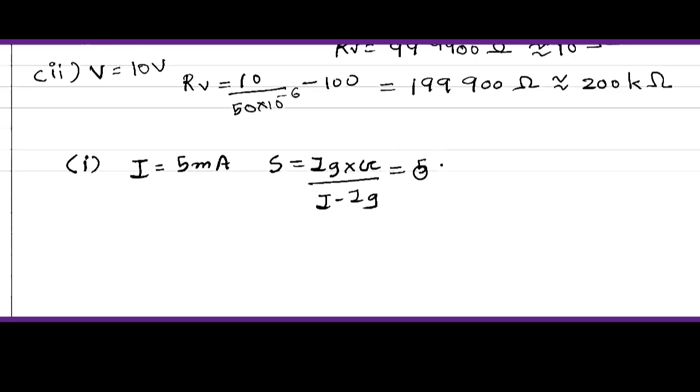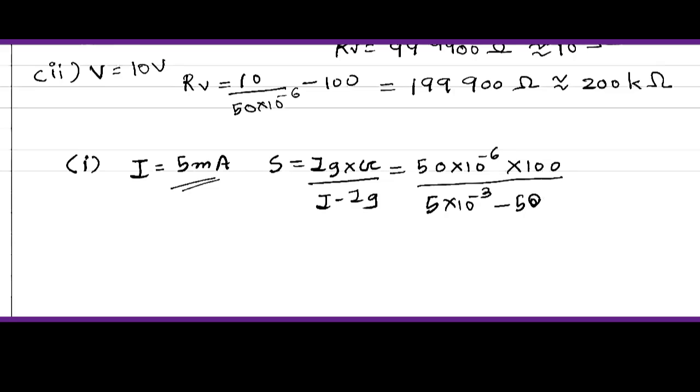Here Ig is 50 into 10 raised to minus 6 and G is 100. I is 5 milliampere, so 5 into 10 raised to minus 3 minus 50 into 10 raised to minus 6. Our final shunt will be 1.01 ohm, which is approximately 1 ohm.